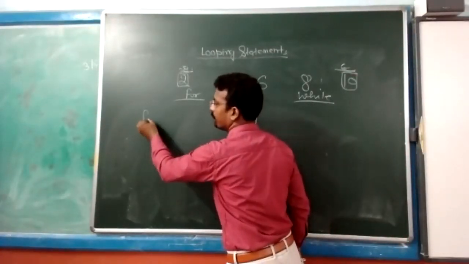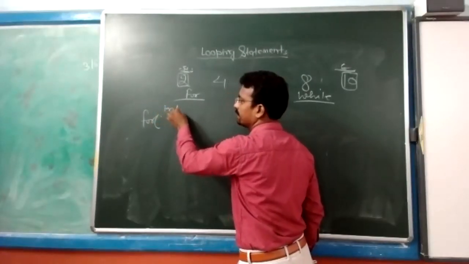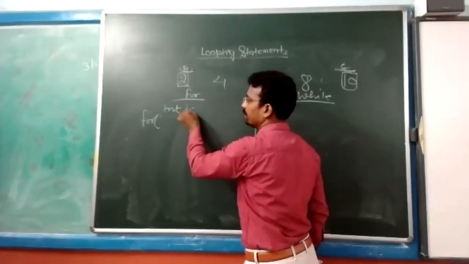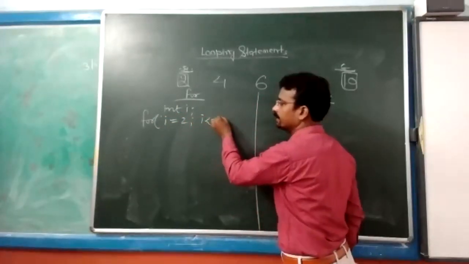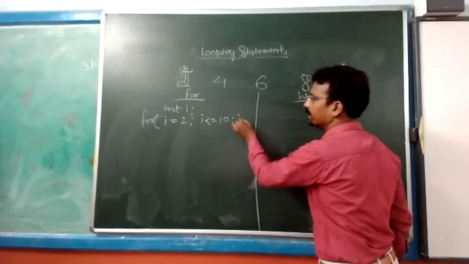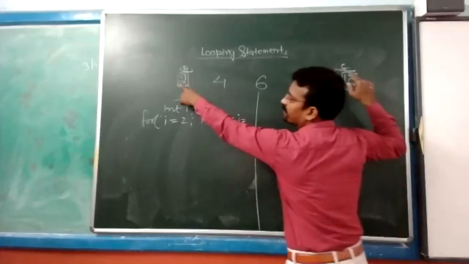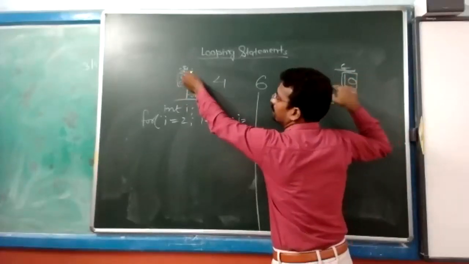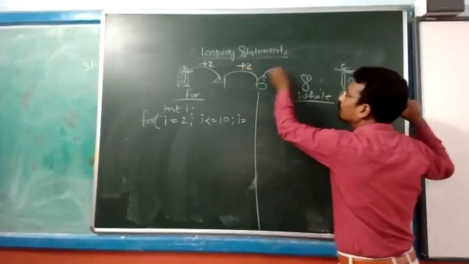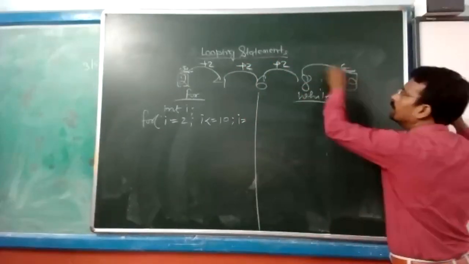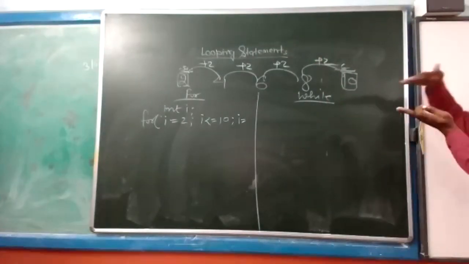We are going for: int I equal to 2, I is less than or equal to 10. Now see, starting value, initial value, condition value, and the difference is +2, +2, +2, and +2.